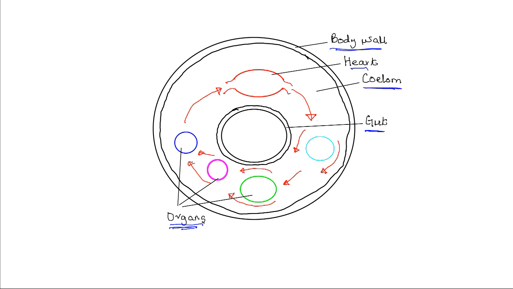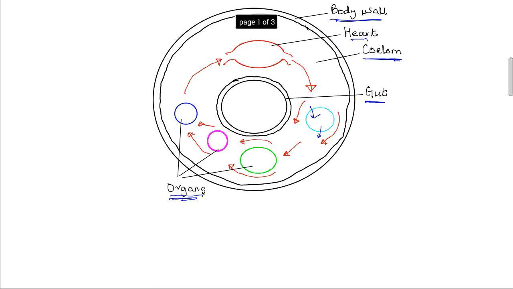So it is this fluid-filled coelom that becomes the hemocoel. Blood is pumped by the heart into the general body cavity, flows between the organs, bringing nutrients and taking away waste products. Then the blood gets back to the heart where it is pumped again and the circulation continues on and on.